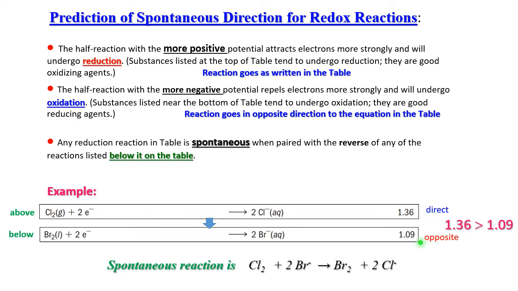The second reaction will go opposite; you need to change the direction. So the spontaneous reaction would be Cl2 plus 2 bromide ions gives Br2 plus 2 chloride ions. This is the spontaneous direction.